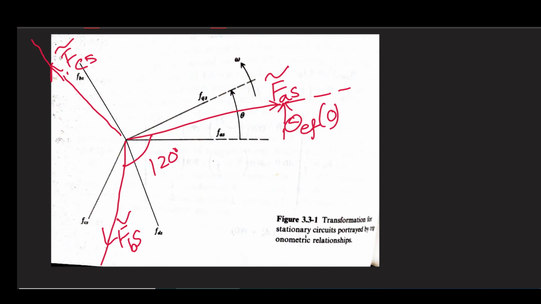Now, another important difference is that if we want to realize the instantaneous value from our phasor diagram, then we must rotate the phasor diagram with this omega e in the clockwise direction, and then in order to represent the instantaneous value of the three phase set, all FAS, FBS, FCS, we can represent them in stationary circuits.